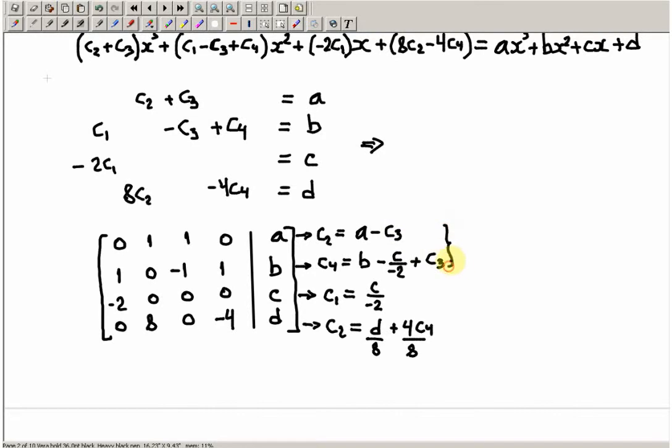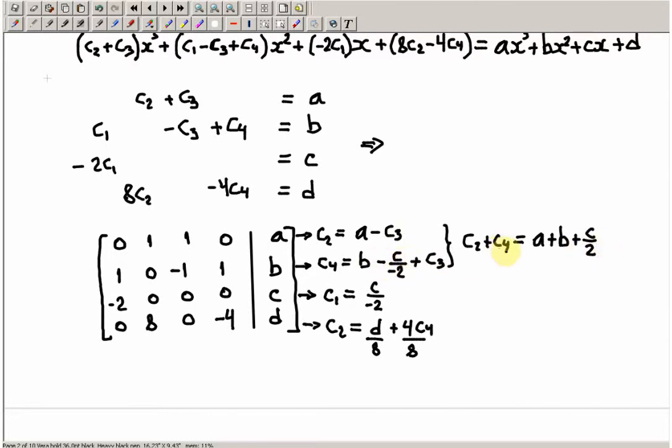If we add these two, we can get rid of the C3. So C2 plus C4 equals A plus B plus C over 2, right? C2 plus C4, A plus B, and then negative C3 with plus C3, they cancel, and then I have minus is positive C over 2.